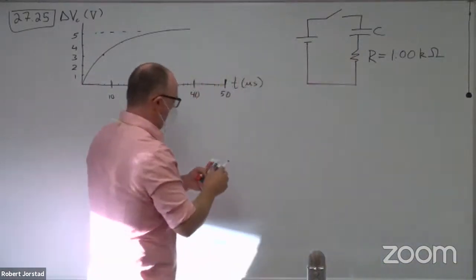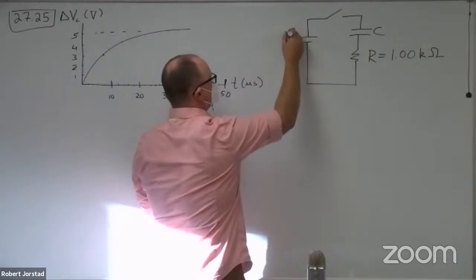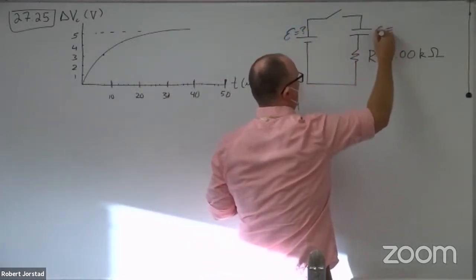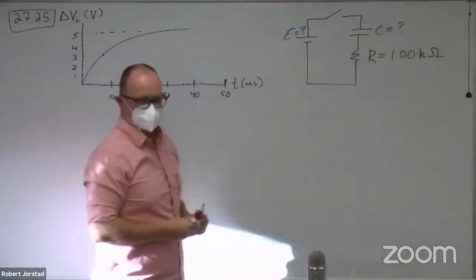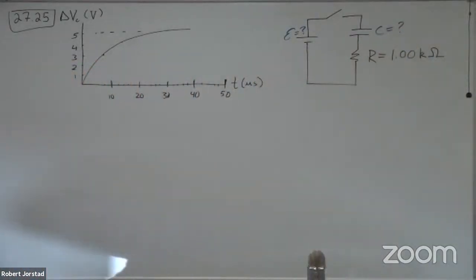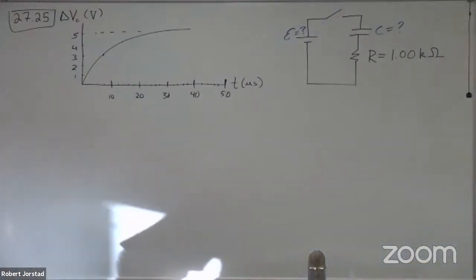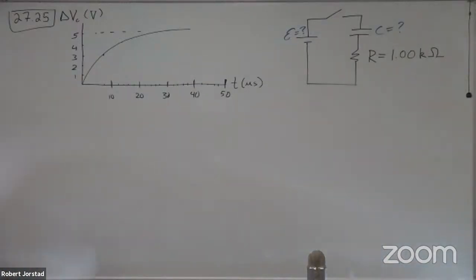We don't know what E is, and we don't know what C is. We're supposed to figure them out. Believe it or not, this is really darn standard. This is something electrical engineers and people that work with circuits do all the time.